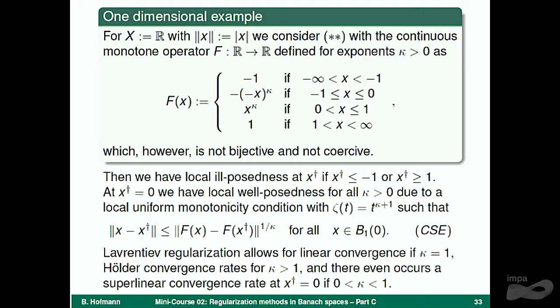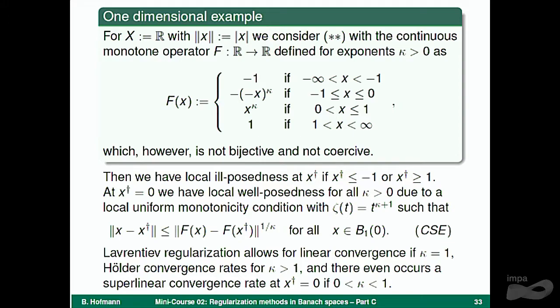Nice properties. We have local ill-posedness. Always, if this local ill-posedness in the definition of my first lecture, if x dagger is in the interval from minus infinity until -1, or 1 or greater, you have local ill-posedness.